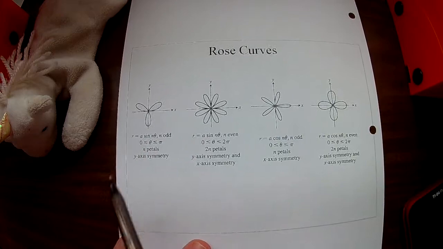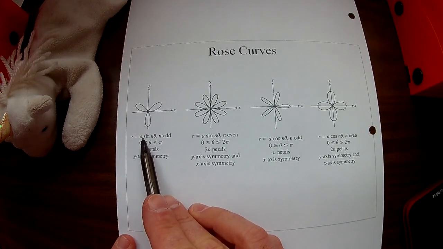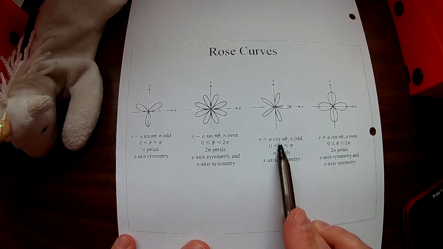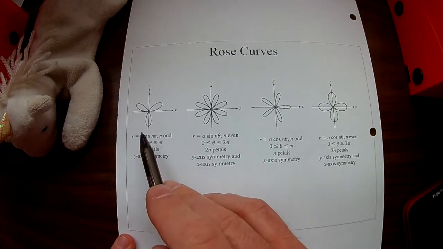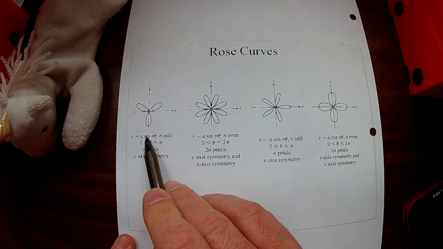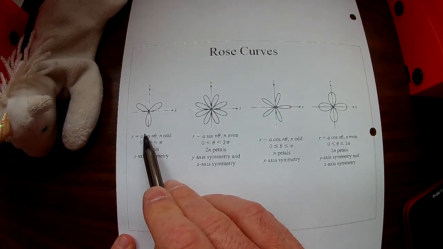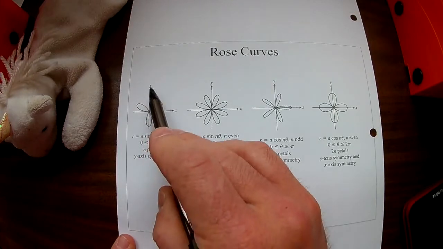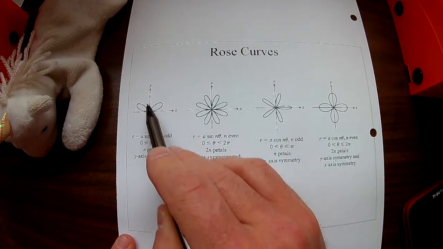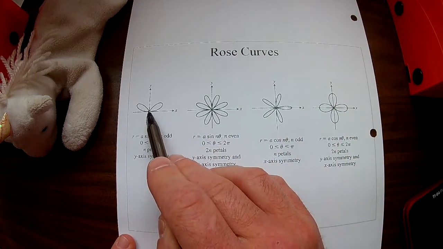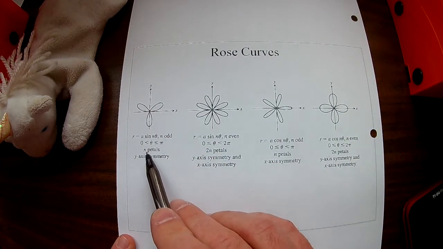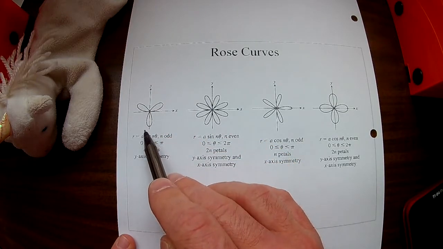So rose curves are always in the format of a sine or cosine of a number times theta. The sine or the cosine determines what axis you're going to straddle. You can see some of these have just one axis of symmetry. Some of them have biaxial symmetry. If you have one axis of symmetry, if you have sine, it's going to straddle the y-axis.